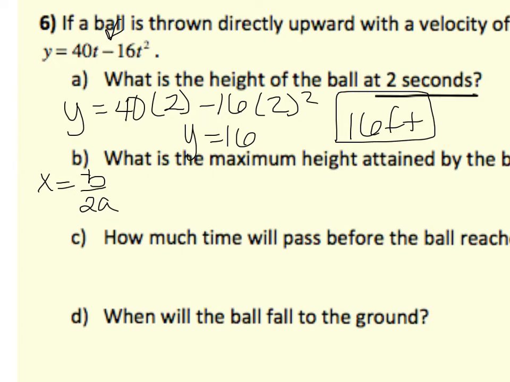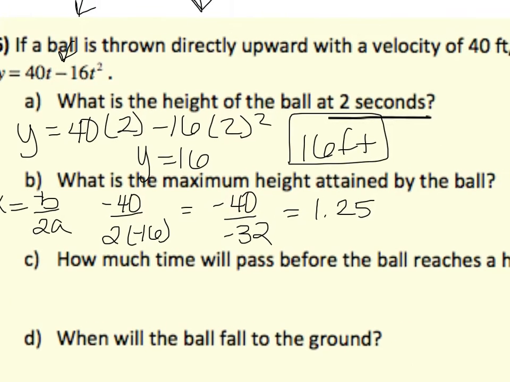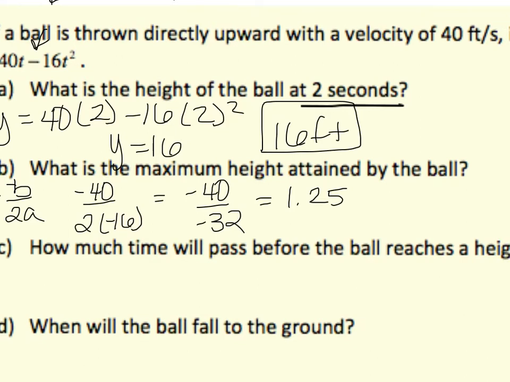So the b term is 40, so negative 40 over 2 times the a term, which is 16. And if you reduce 40 over 32, you're going to get 1.25. So that's the x-coordinate, or in our equation, that's going to be t of the vertex. So I need to find out what y is, so I'm going to substitute 1.25 in for t.